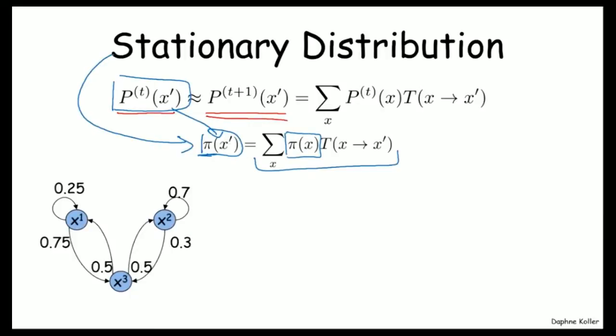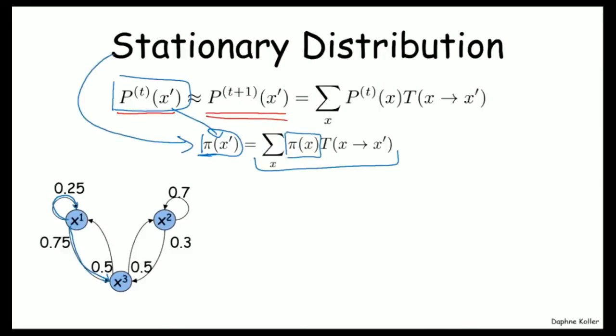So let's take a simple example, which is this 3-state Markov chain shown here. For example, note that from state 1, there's a probability of 0.75 of going to state 2 and 0.25 of staying in the same state.